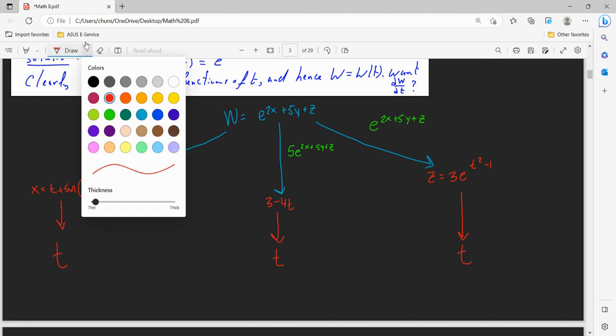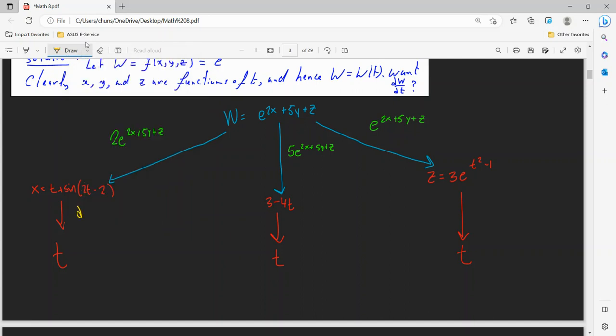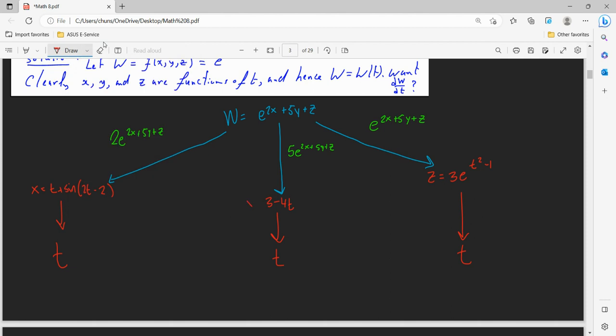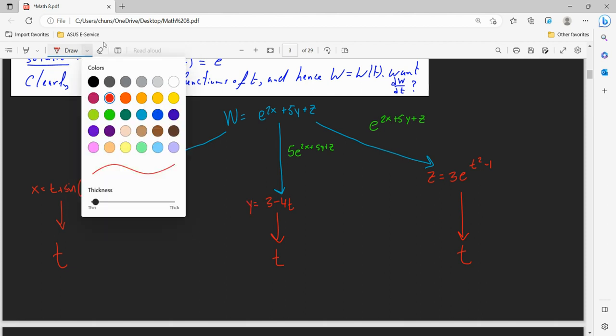So along each branch, this would be our previous variable and a partial derivative to t, so it's dy with respect to dt, and this is dz with respect to dt. So this is just a one variable derivation, so it should be a little easier to do.